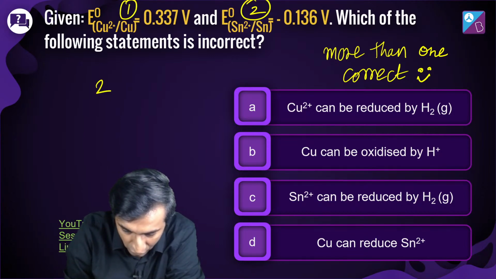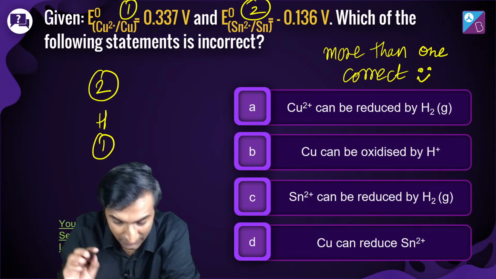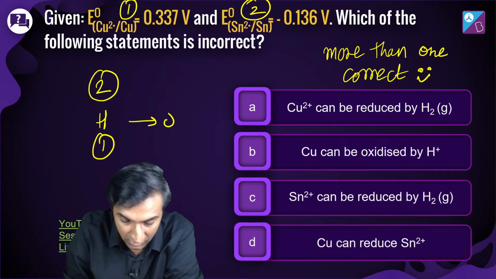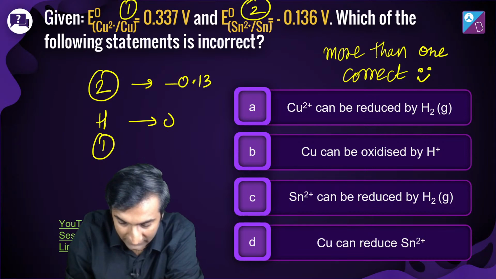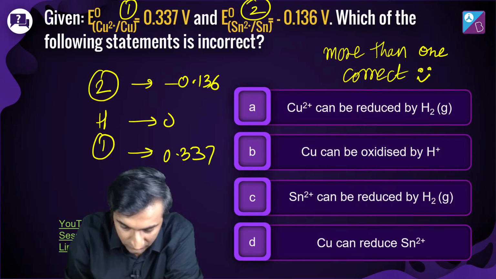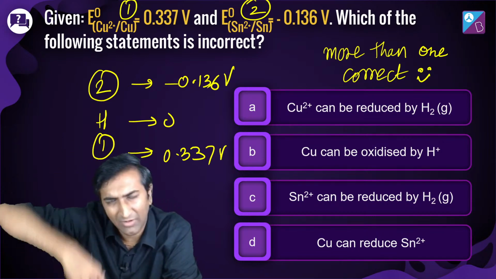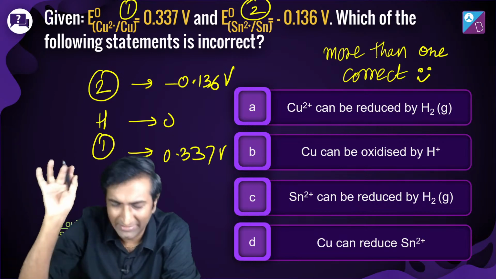So the order is 2, then hydrogen, and then 1. I know it is not H, it is H2 and H plus or whatever. This one is 0, this one is negative 0.136, this one is 0.337. I know the electrochemical series is the other way around, but okay. See it however you like.